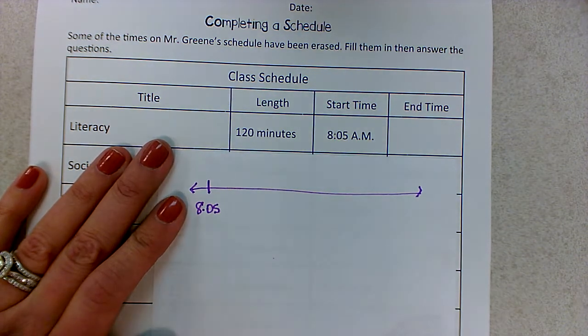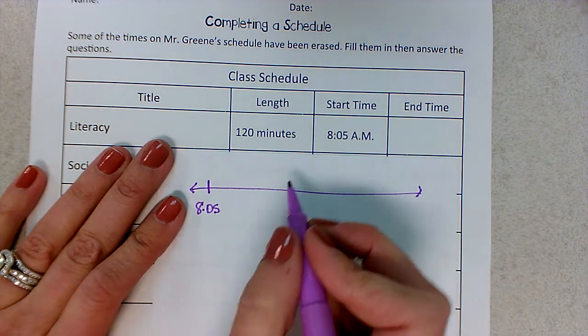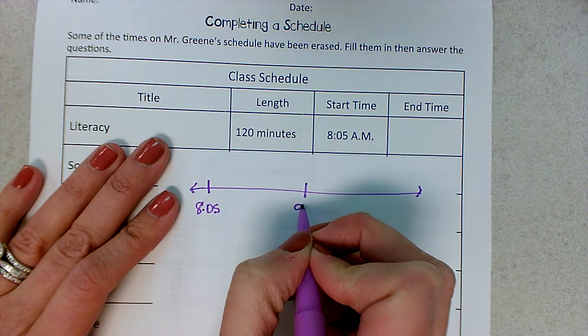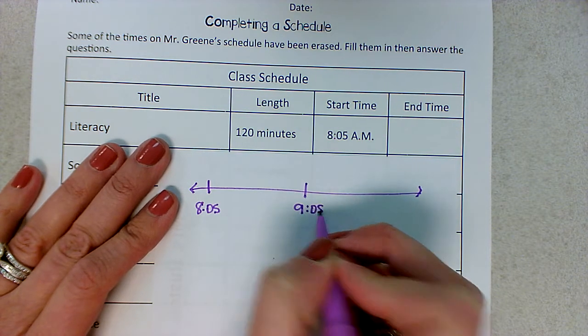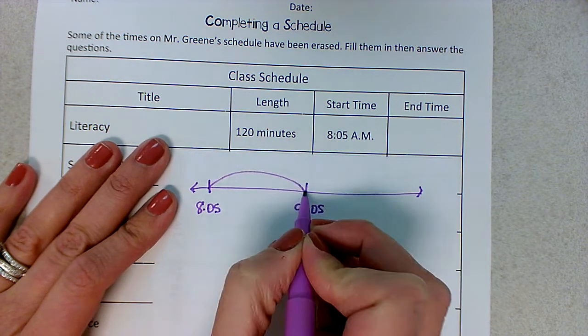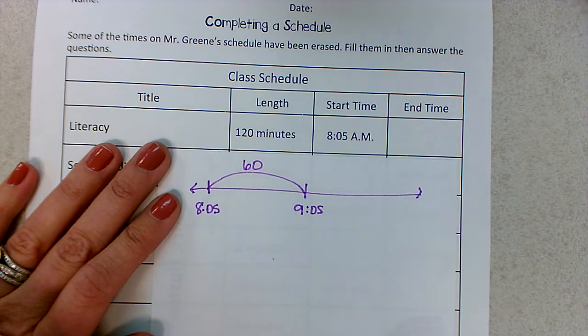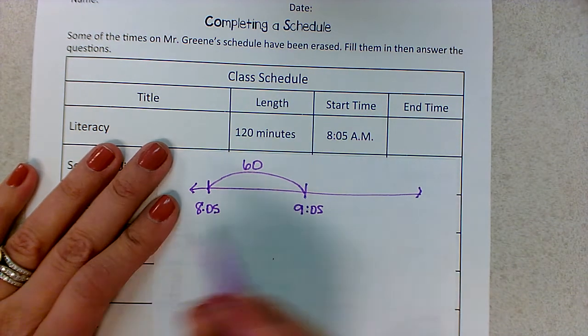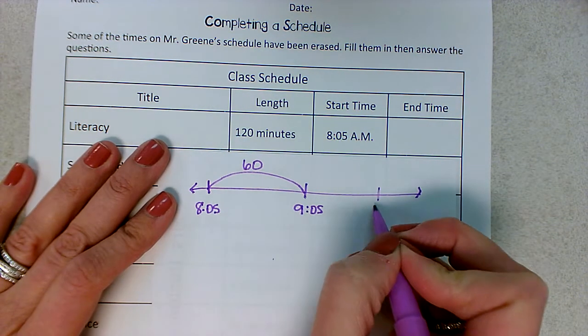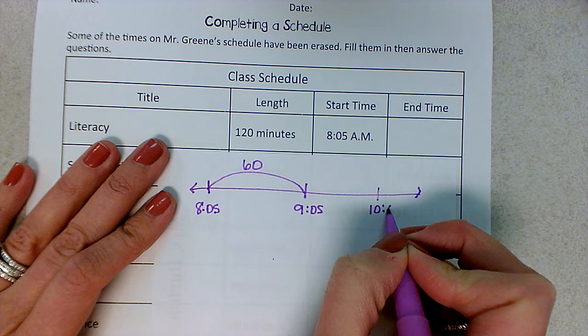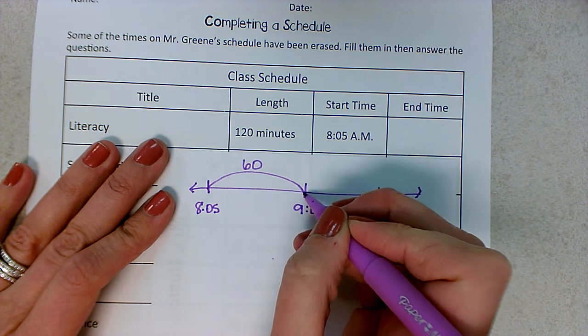And so I need to think about, well, I know that there are 60 minutes in 1 hour. So I'm going to go ahead and mark 9:05. And if I make that jump, that is 60 minutes. Well, now I know that another 60 minutes is another hour, which means it's 10:05.